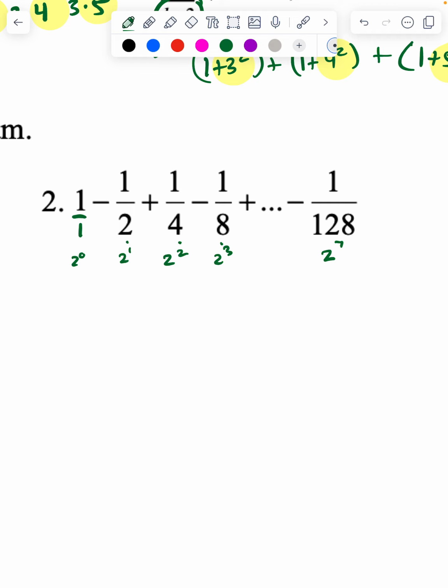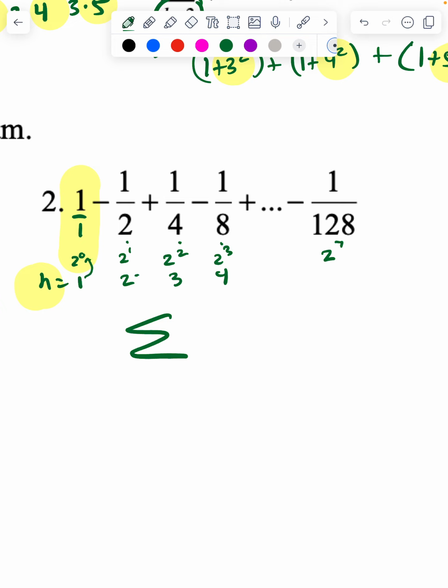Okay, so I have to figure out how to write what's going on. Now the problem is, this is supposed to have an n value of 1, and this is supposed to be 2, 3, 4, but the problem is, this is not 2 to the first power, it's 2 to the 0.